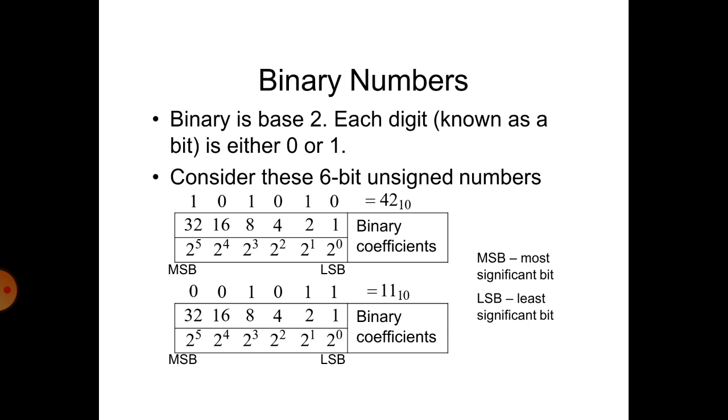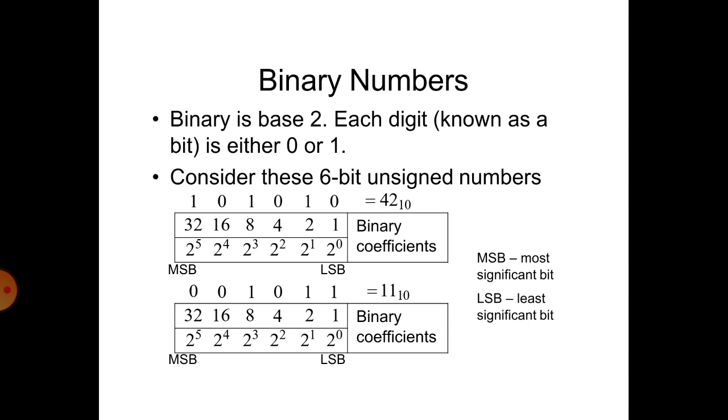The equivalent binary value of 42 is: 32 will be 1, again 8 will be 1, 2 will be 1. So 8 plus 2 is 10, plus 32 is 42. The remaining bits are 0. So this is the 8421 codes method. The next is 11 to the base 10, that is decimal number 11.